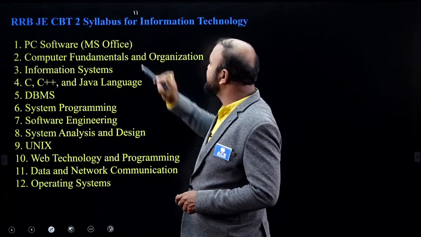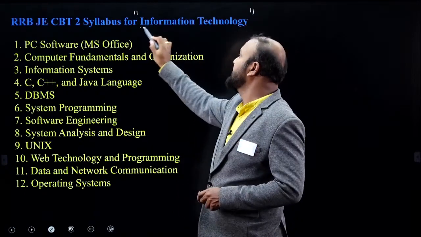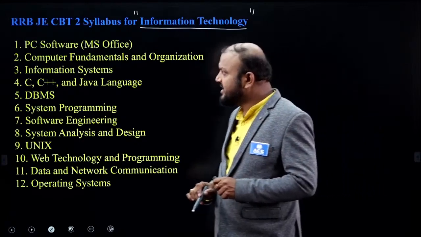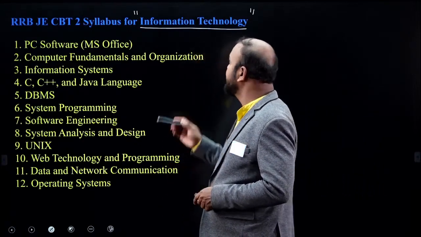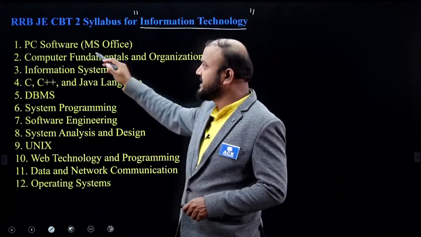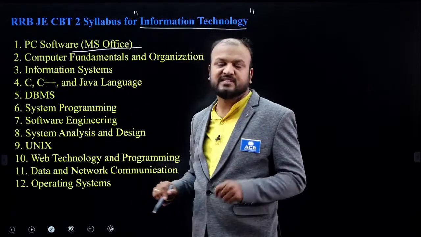And one more thing, you can see there is also an RRB JE IT paper, which means the post is RRB JE IT. For RRB JE IT, the syllabus is more similar to computer engineers. Look, we have the same PC software, MS Office and MS Windows.